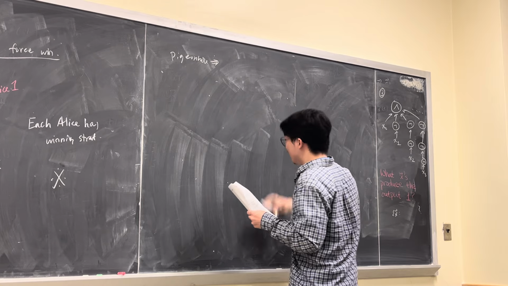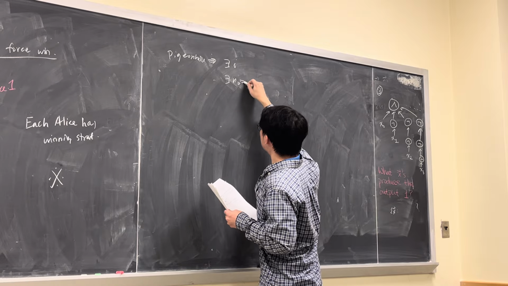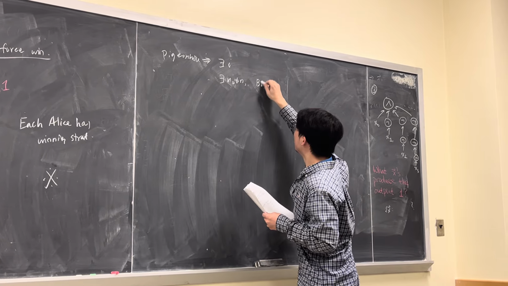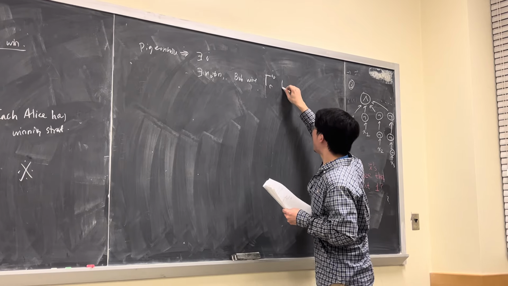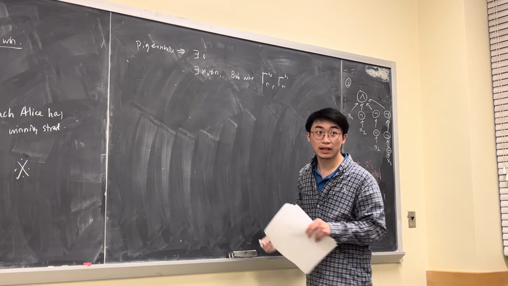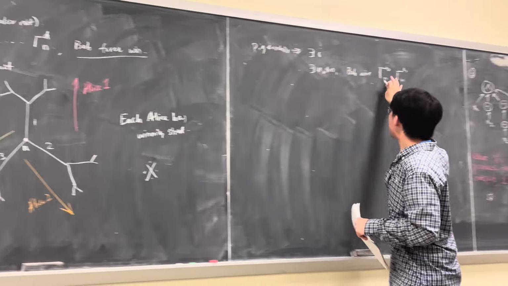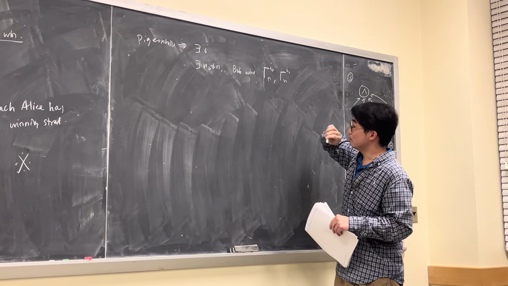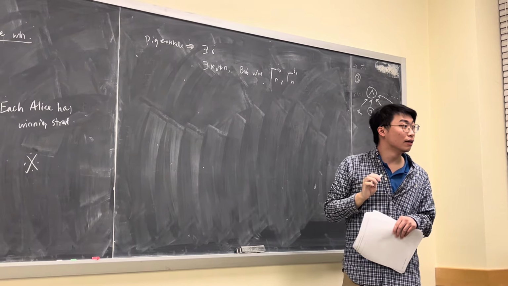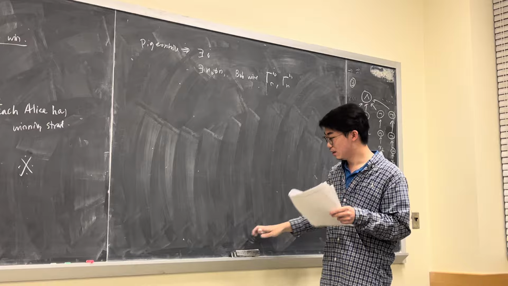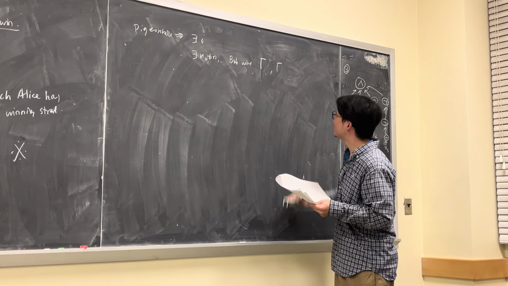My bad. There exists an i, and n0 different from n1, such that Bob wins both gamma n0 i and gamma n1 i. This is because there are infinitely many here, but only finitely many numbers up here. Do you mean gamma n0 i and gamma n1 i? Yeah, of course. I'm just mixing up my letters at the very end.